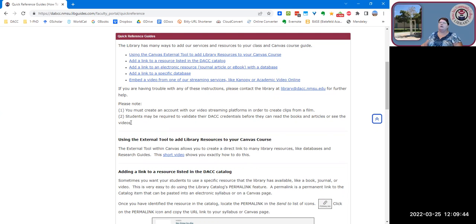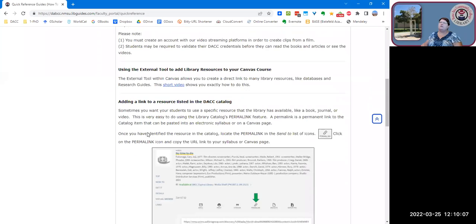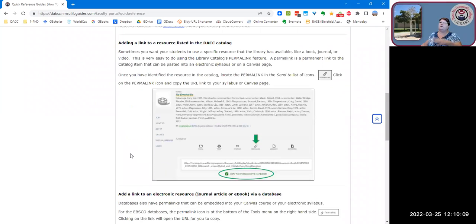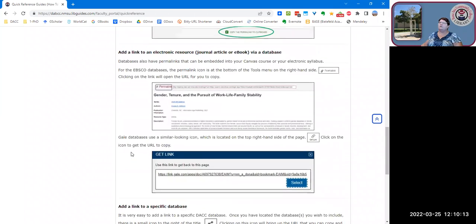And that if some resources that you are embedding, let's say you want to send students to a specific article in a database or an ebook in a database, they probably will be required to validate their credentials. But that's just a normal process that students who are using our databases do anyway. So these are all the different, and I've made graphics for you to follow where the things are.